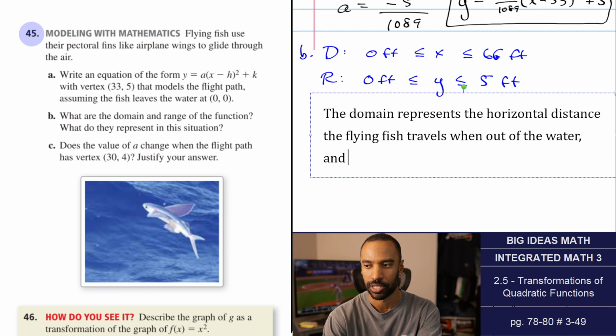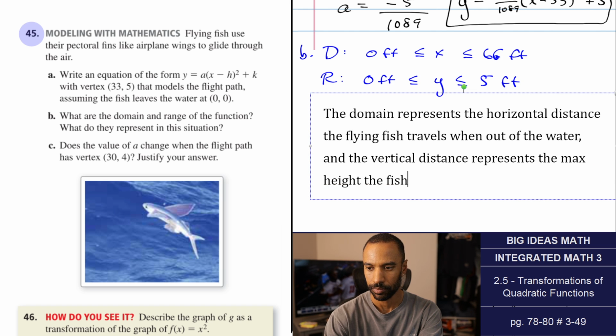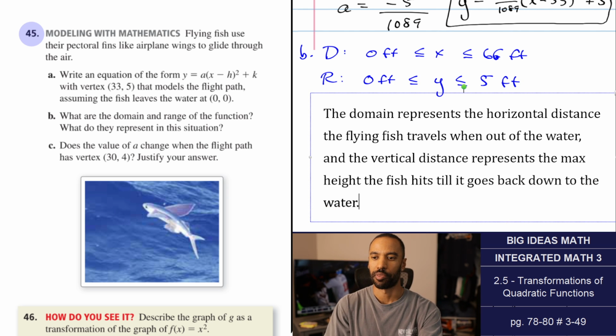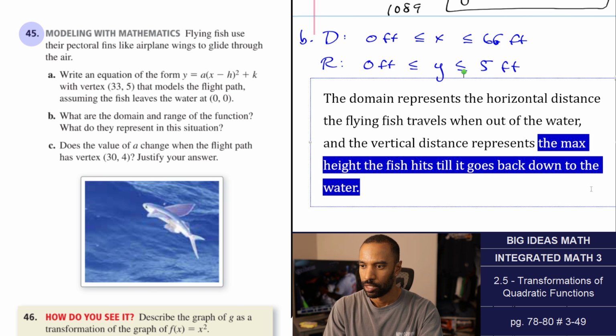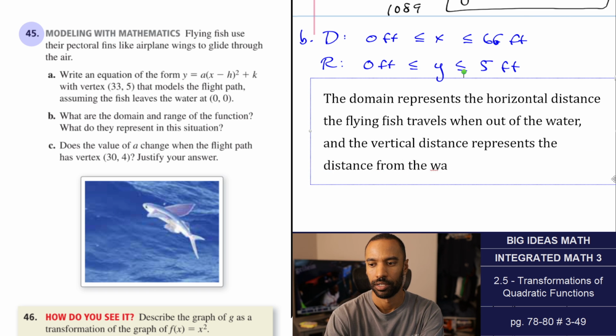And the vertical distance represents the min and max height, the max height it hits till it goes back down to the water. I mean, to and from, right? It's the distance from the water to its maximum height, basically. I'll say that. Represents the distance from the water to the fish's maximum height.